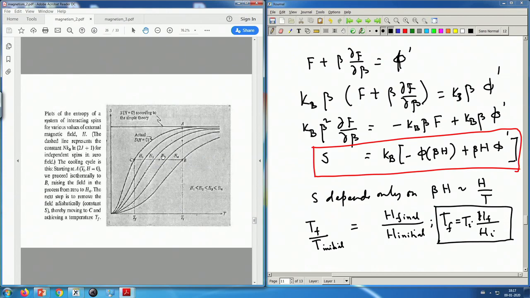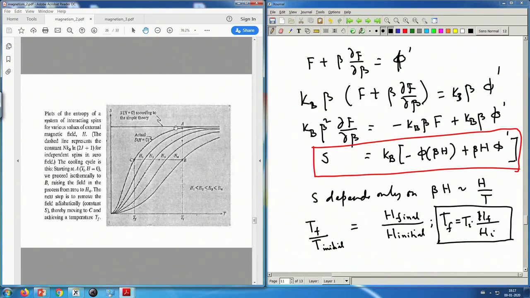Now, the actual S at h equal to 0 is like this, and then for higher values of h you see this side, as the value of h increases.